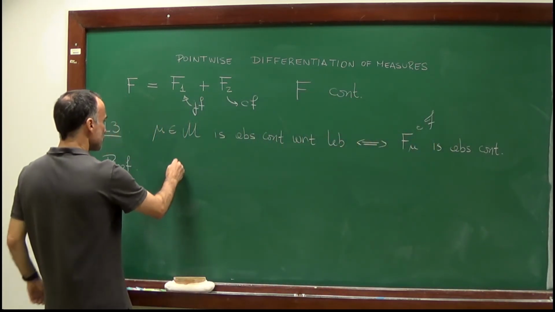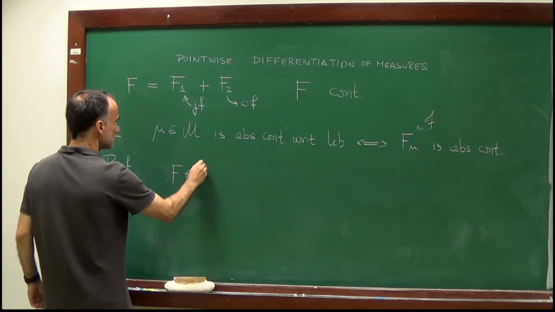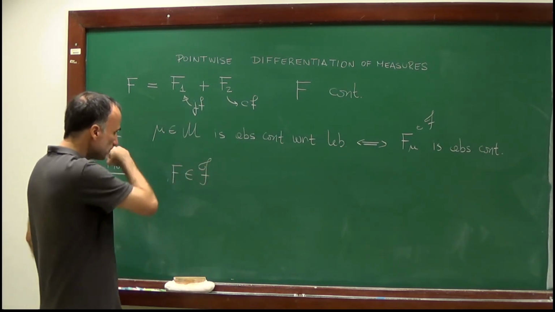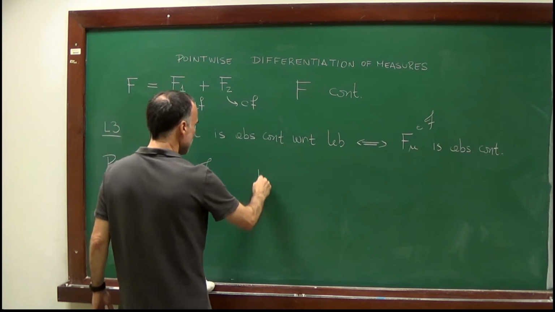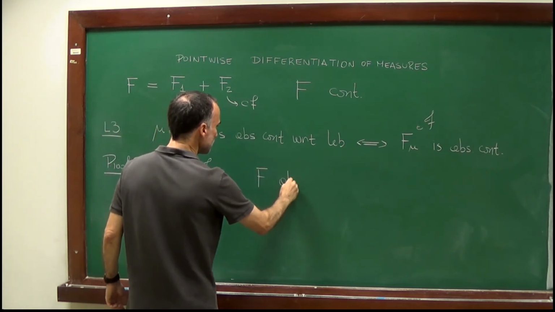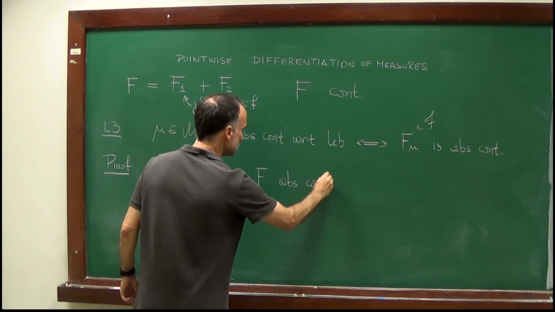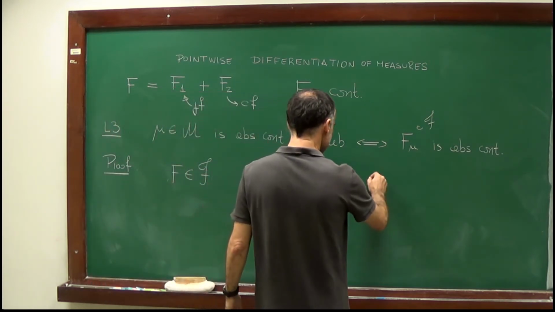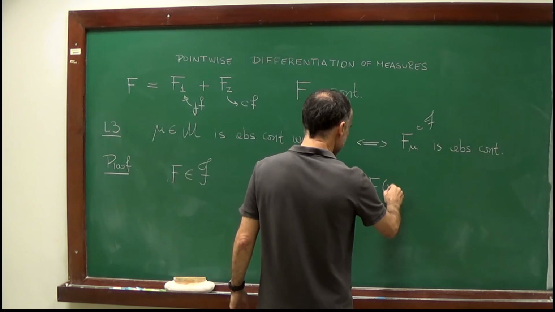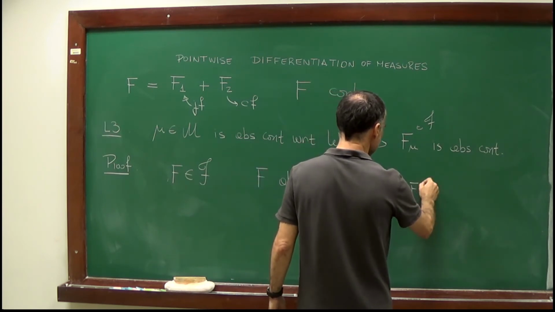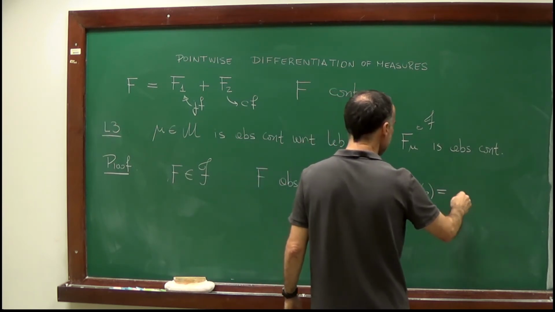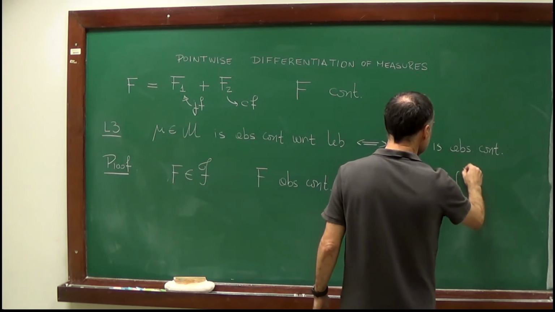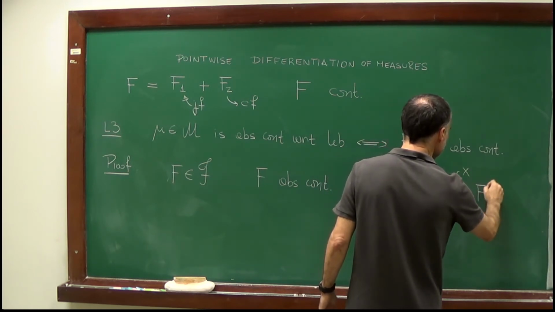So let me take a function f in F, and let's assume that f is absolutely continuous. If f is absolutely continuous, this means that f(x) minus, say, f(0) will be given by the integral from 0 to x of f prime d lambda.